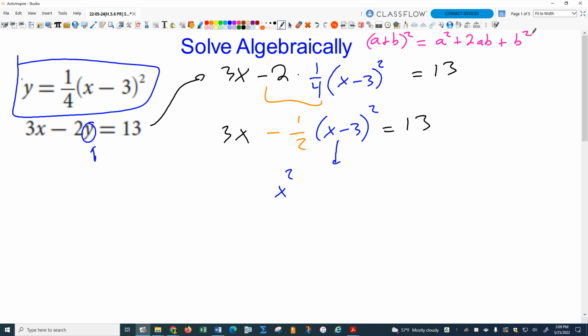So my a is like x and my b is like what? Negative 3. Everybody see that? So a plus b is replaced by x plus negative 3. Okay? So then what am I going to get for my a squared? It just turned into an x squared. What's my 2ab going to be?